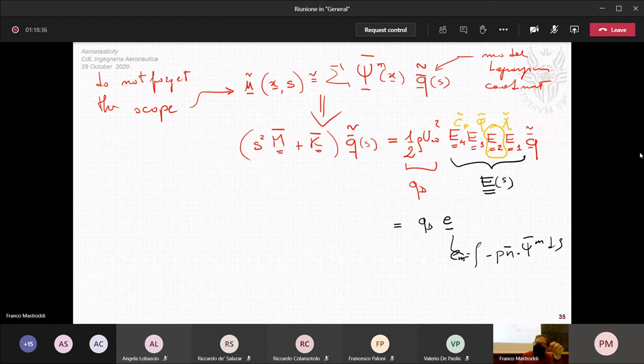For example, here, do you have an idea about the nature of this E3 operator transforming the velocity potential into pressure or pressure coefficient? Which is the physics? Which is the equation able to transform velocity potential into pressure? Yes, and therefore E3 will be an operator discretizing the Bernoulli theorem, and so on.